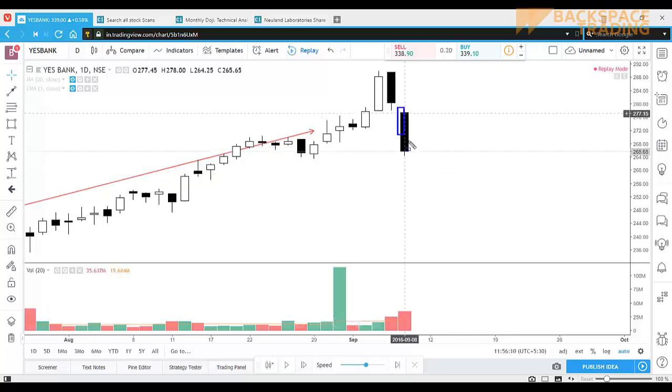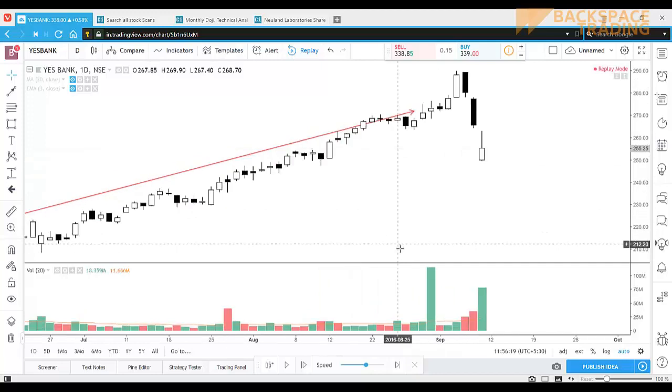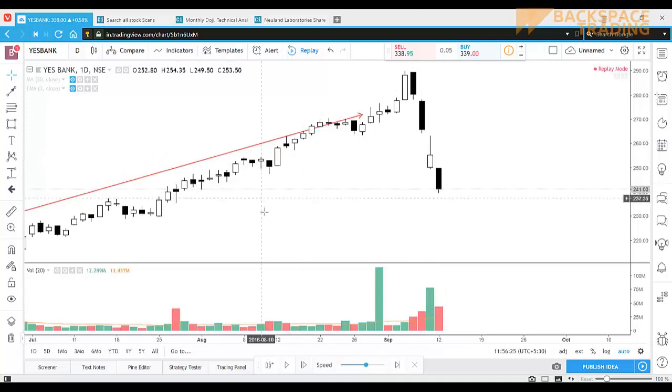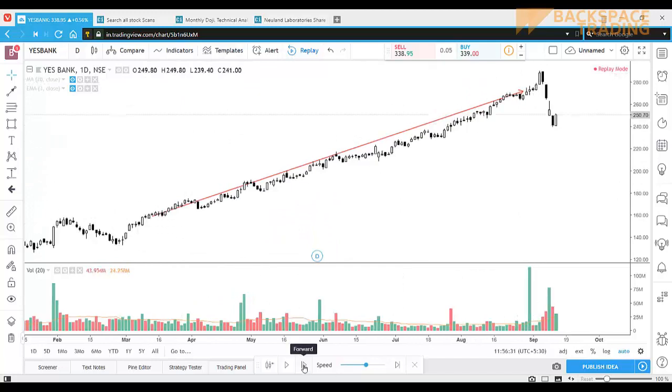It's a long bear candle with a gap down. Will it end? No, it came down further. Isn't it spectacular? It can't stop, right? This much of a big move, it has to come down.